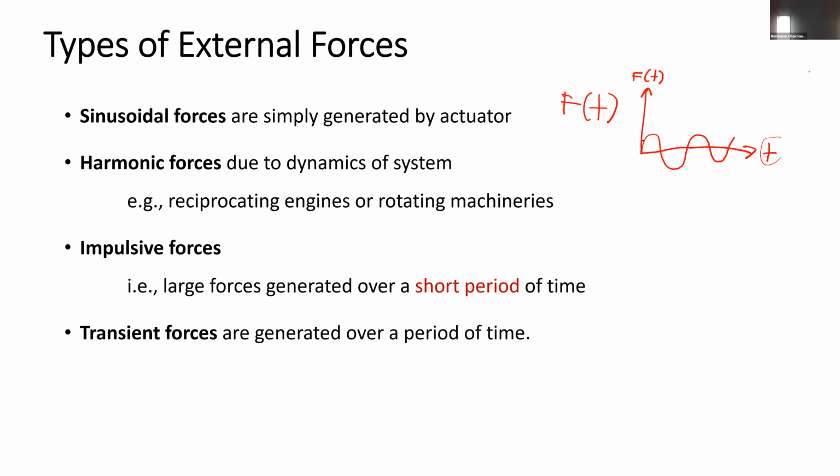It can also be shifted vertically to be only positive force or to be only negative force, or it can also be shifted horizontally. And this kind of force we call sinusoidal force.